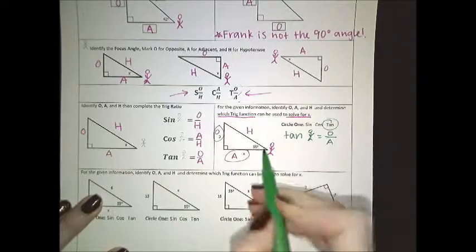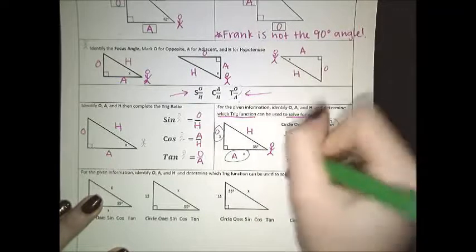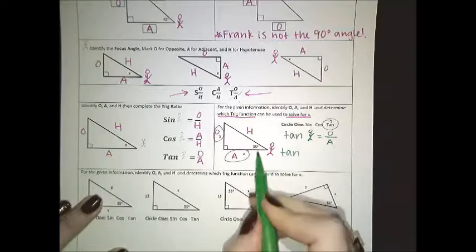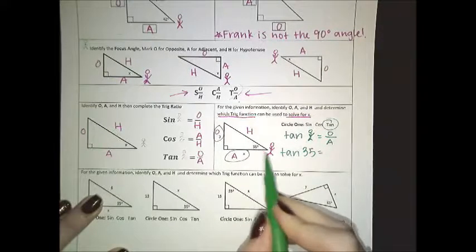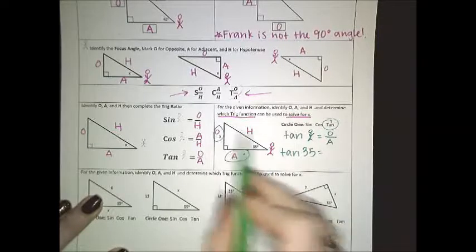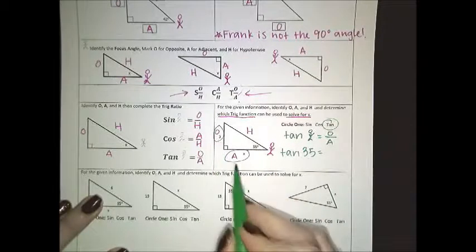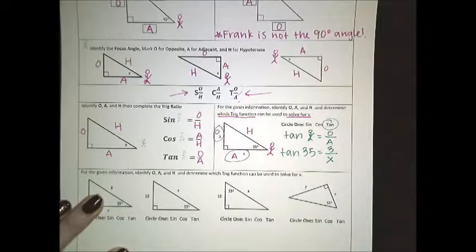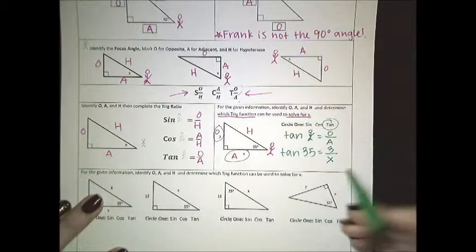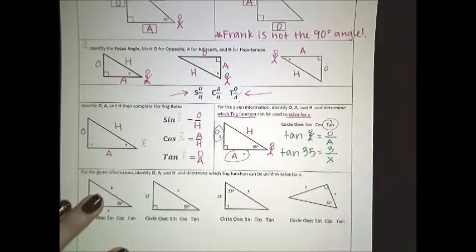Now I can fill that in with the numbers and the variable. So the tangent of 35 degrees, because that is the focus angle, is equal to the opposite, which is 3, over the adjacent, which is x. And that's it.